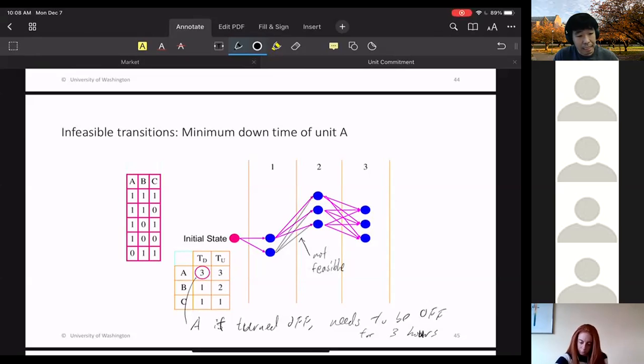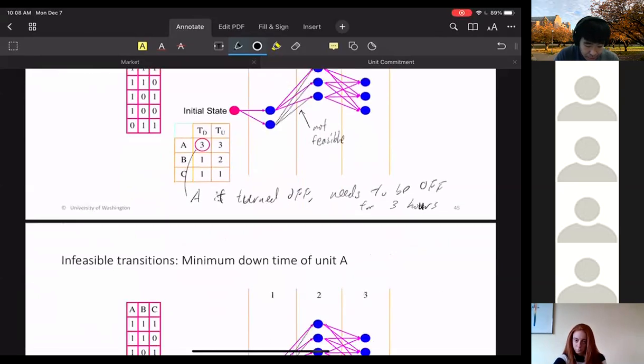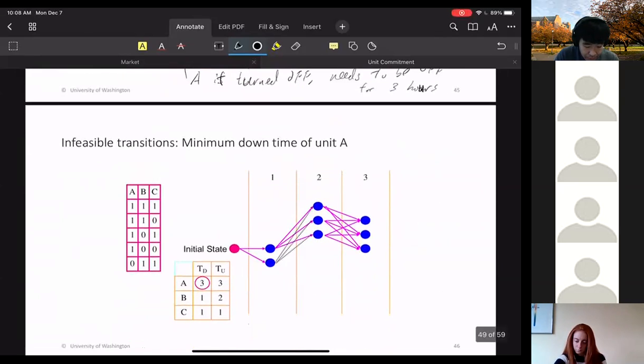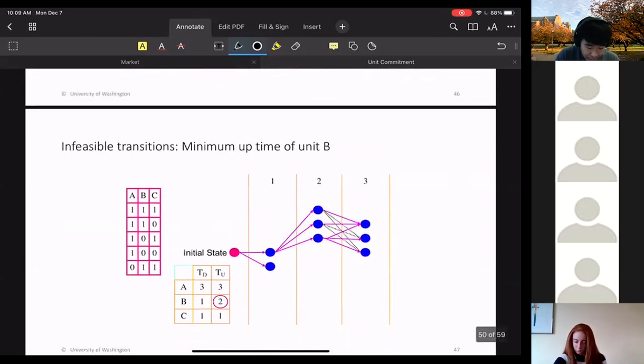Because of the constraint that if A is off, it has to be off for 3 hours. So we rule out some possible paths in the problem. Similarly, okay, so we rule this out. So these are some infeasible paths we have here. Then again, because B has to be on, right?